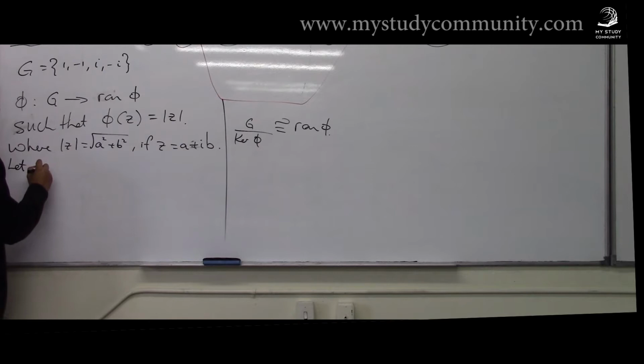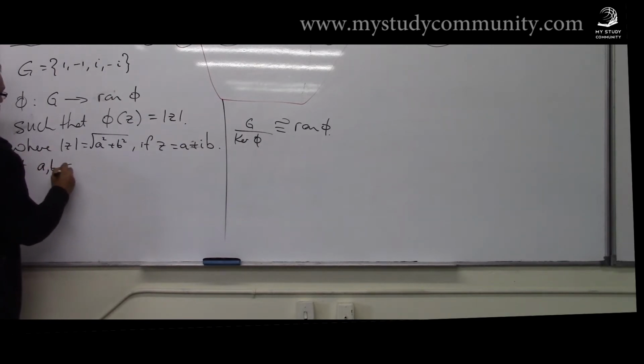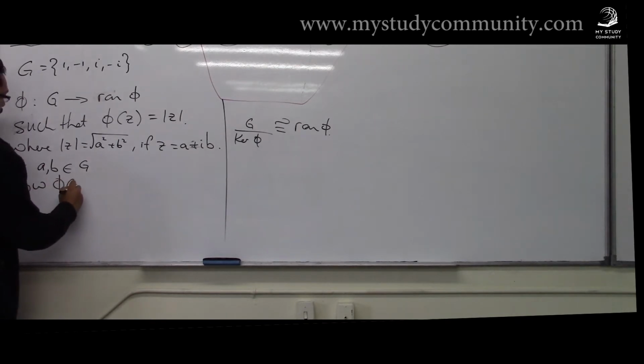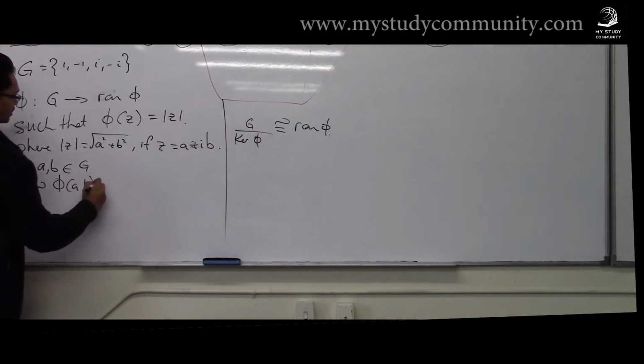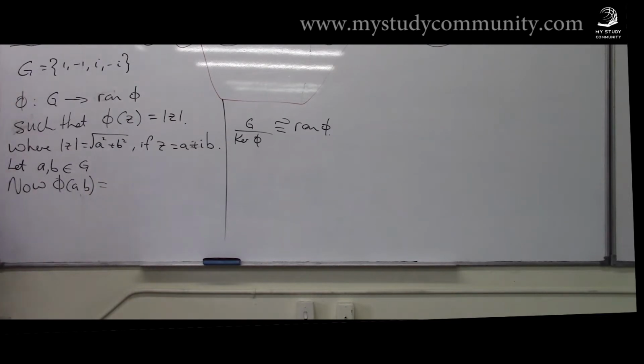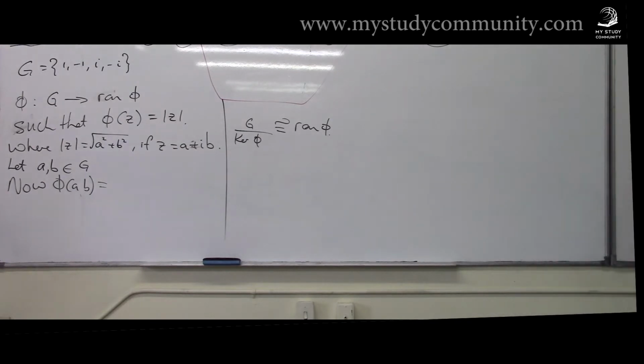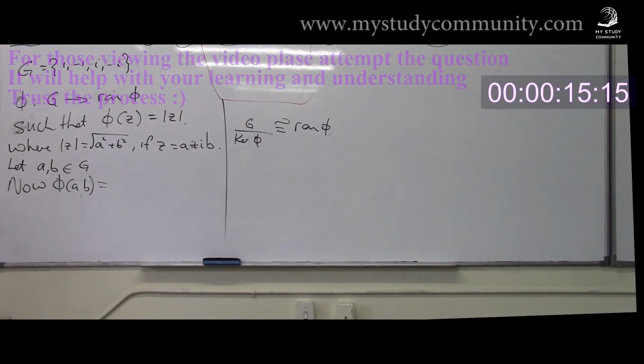Let A and B be elements of G. Now phi of AB equals, you'll go from there. It's always the same. We take 2 elements in my domain.